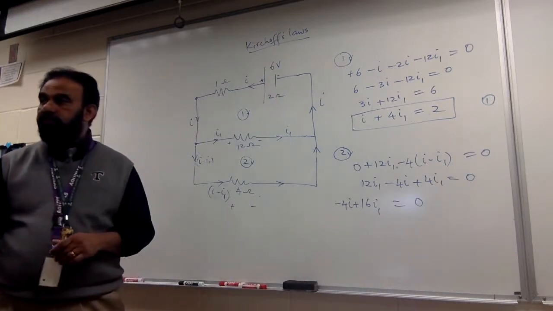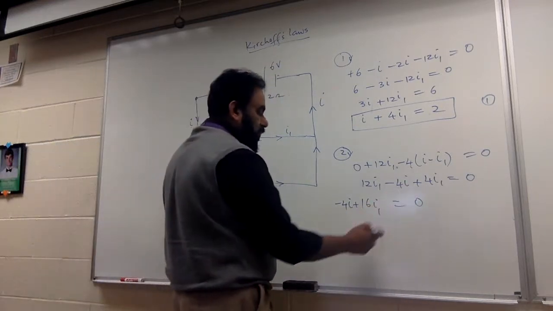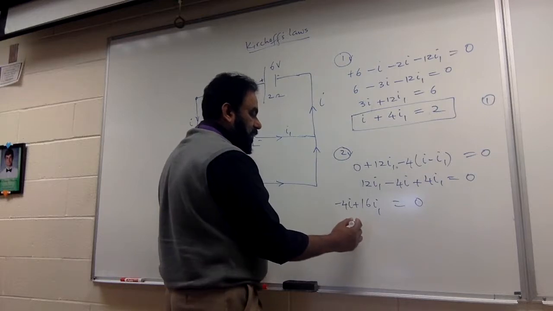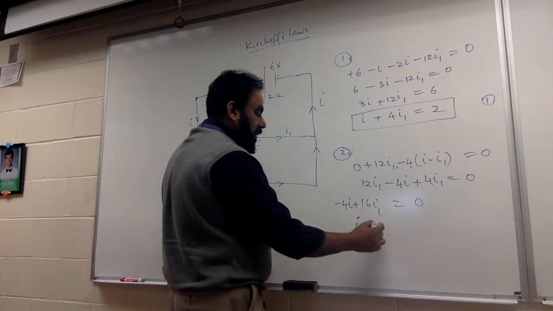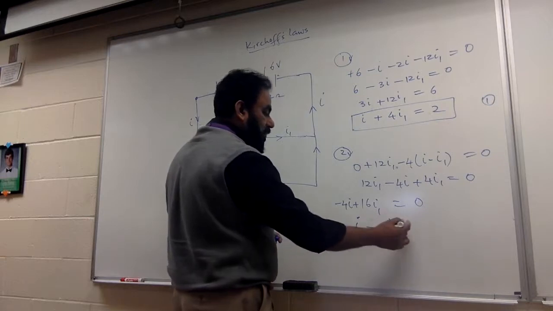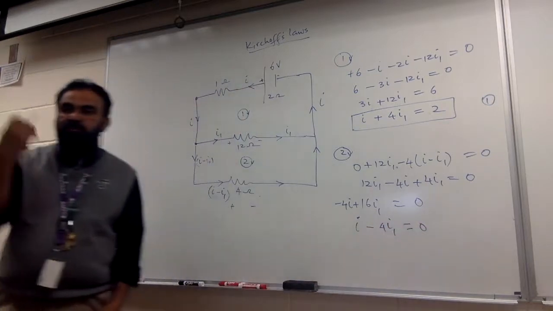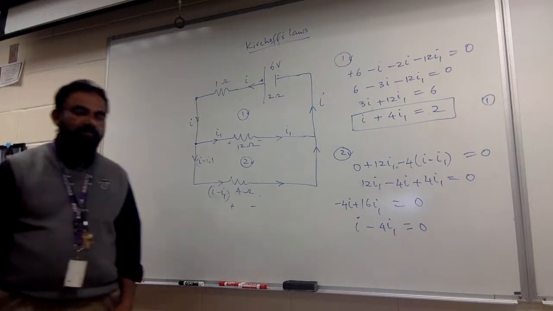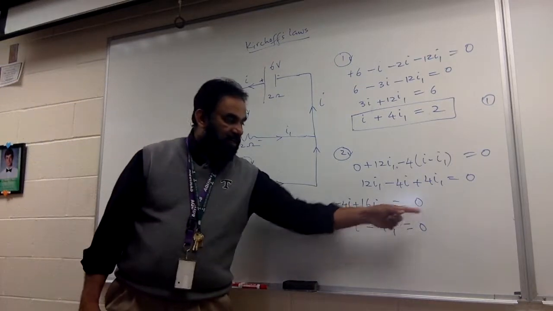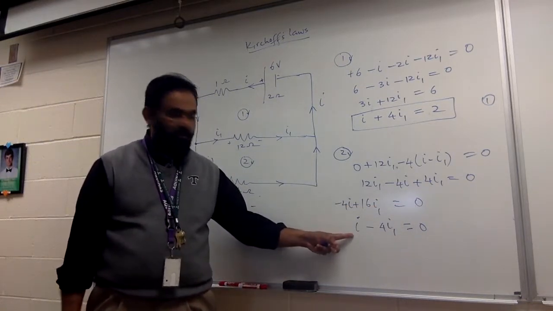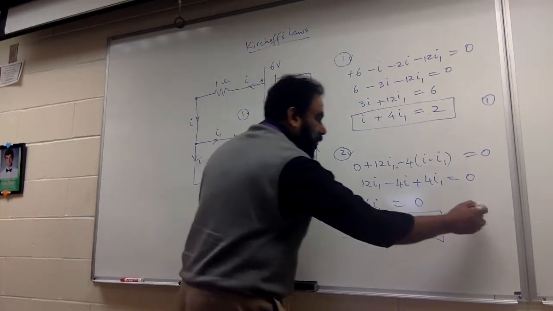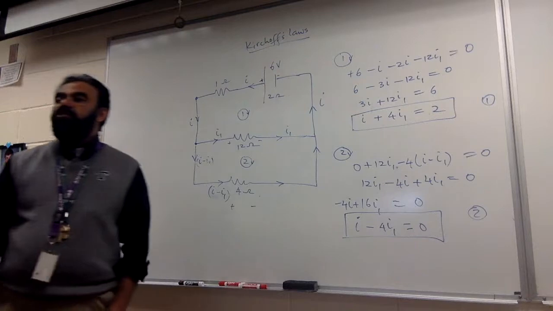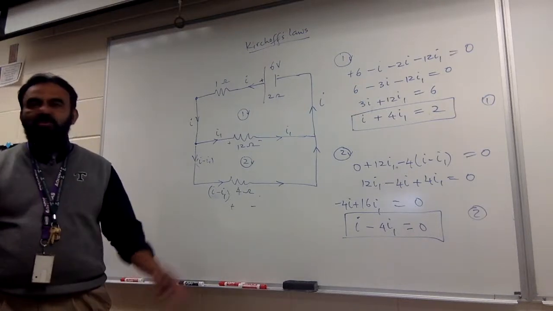Is that right? If you divide throughout by negative 4, you get i minus 4i1 is equal to 0. Let me know if you don't understand something. I divided throughout by minus 4, so I got this. That's my second equation.